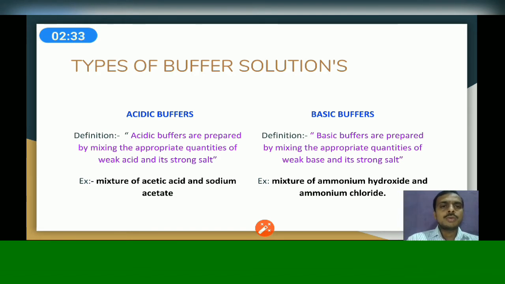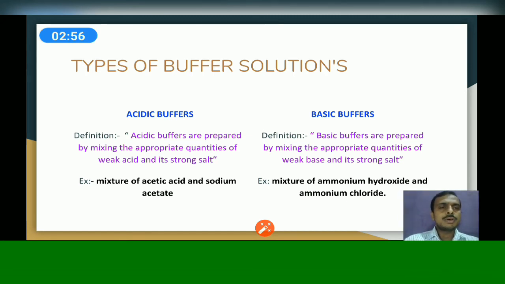And we know very well that acetic acid, which is a weak acid, ionizes partially, while sodium acetate, which is a salt, completely ionizes in water, and forms two types of ions: positively charged cation and negatively charged anion.